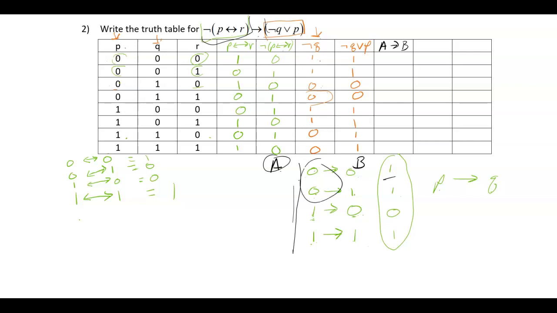So wherever column A is a 0, which would be here, row 1, row 3, row 6, and row 8, I can immediately fill in a 1 because it doesn't matter what's in column B. If column A is a 0 on the if-then, the output is always a 1. Now, I have to go back and look at the rest of them.